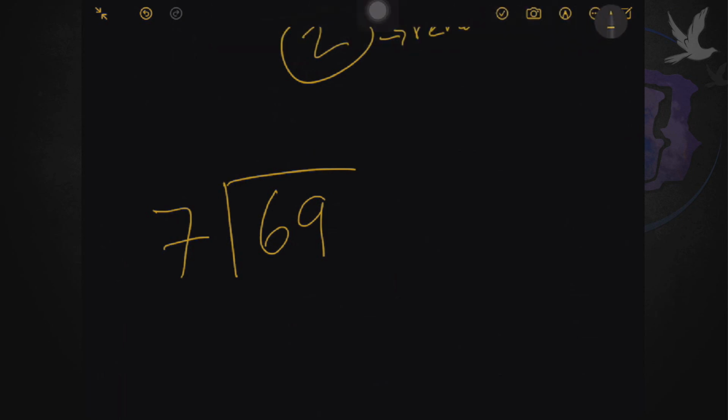Okay, 69 divided by 7. 6 divided by 7 cannot be, hindi pwede. So we take the next number, we combine not just 6, but we combine 9 along. So that's 69. 69 divided by 7, if you have mastered your multiplication process, just keep counting 7.